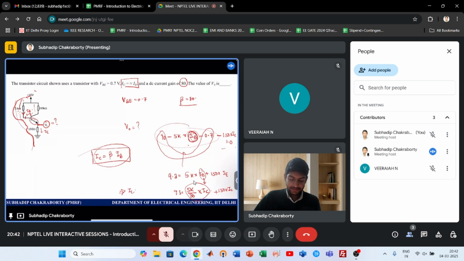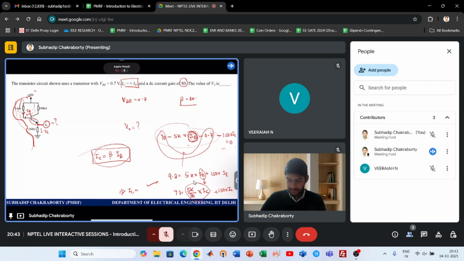Then calculate IC, what it is coming. I need IC, right? So 5,000 by 80, how much is it coming? 62.5 plus 150, so around 212.5 IC equal to 9.3.